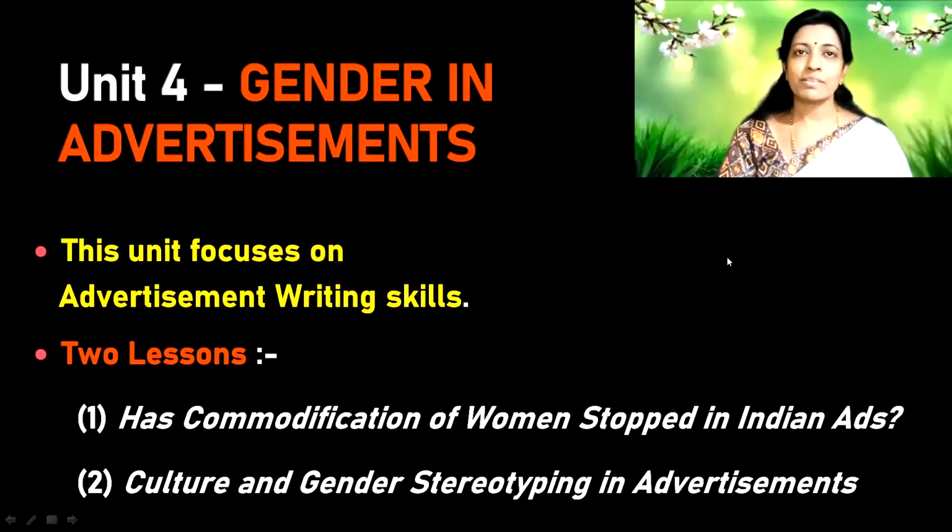There are two lessons included in this unit. The first lesson is, Has Commodification of Women Stopped in Indian Ads? The second lesson is Culture and Gender Stereotyping in Advertisements.